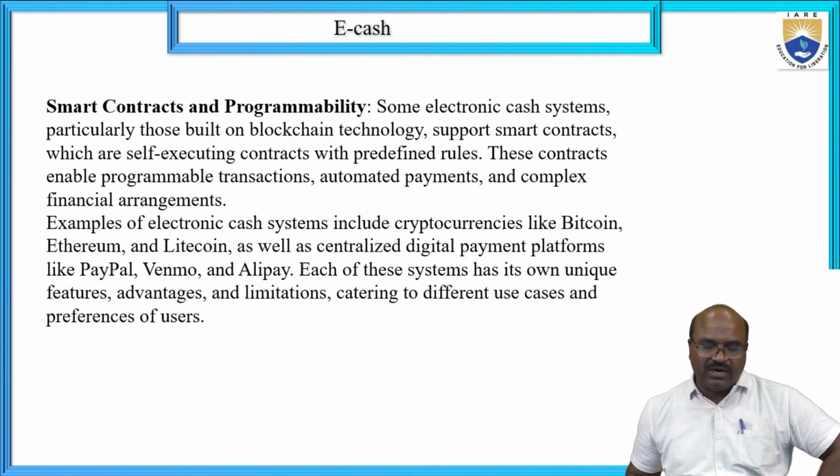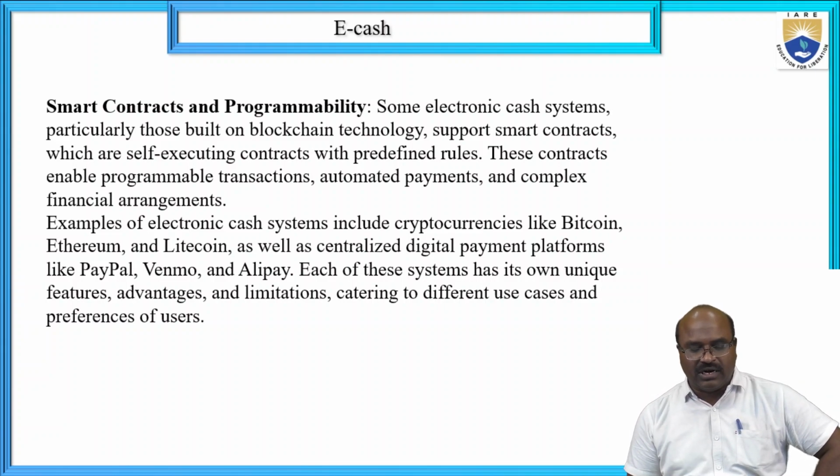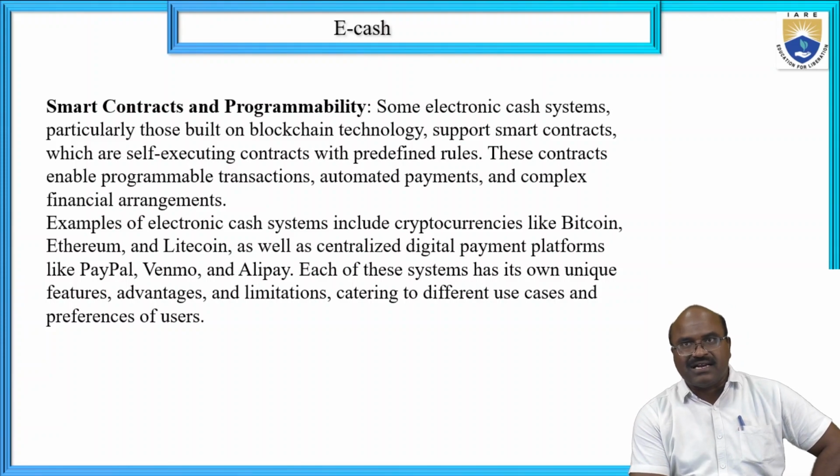I can elaborate on smart contracts and programmability in detail. Some electronic cash systems, particularly those built on blockchain technology, in cryptocurrency or other currencies, support smart contracts, which are self-executing contracts with predefined rules.